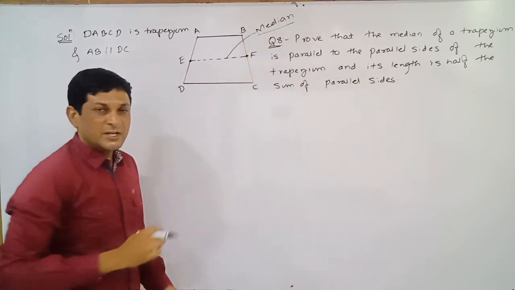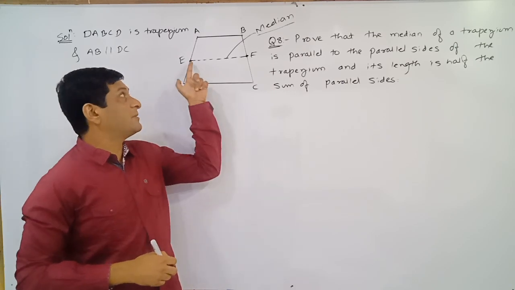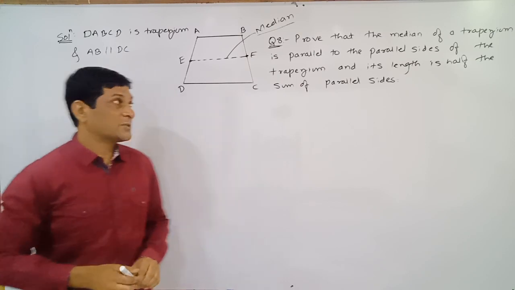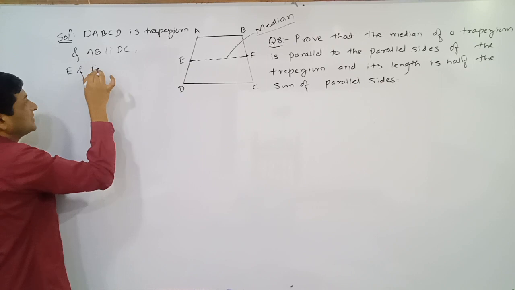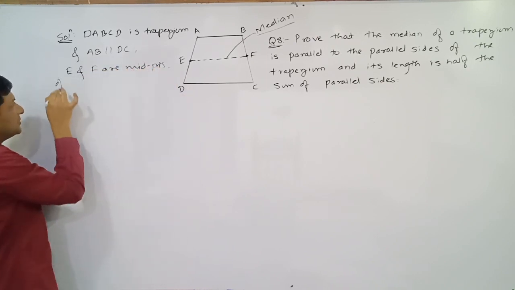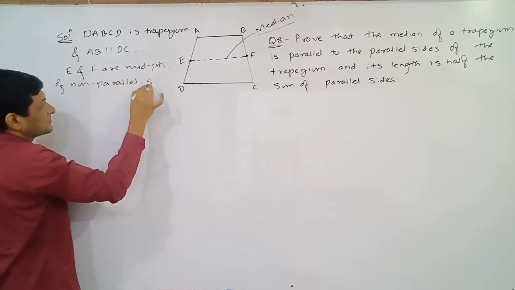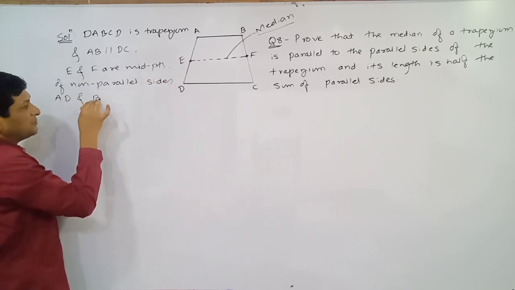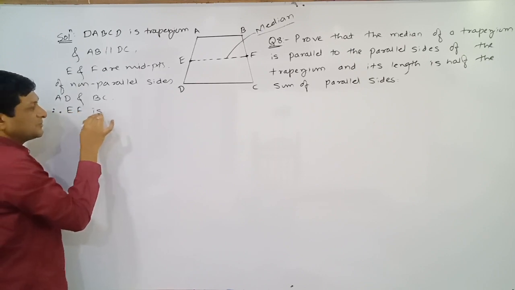The median of a trapezium is a segment joining the midpoints of the non-parallel sides. Here we suppose that E and F are midpoints of the non-parallel sides AD and BC. Therefore we can say that EF is the median.